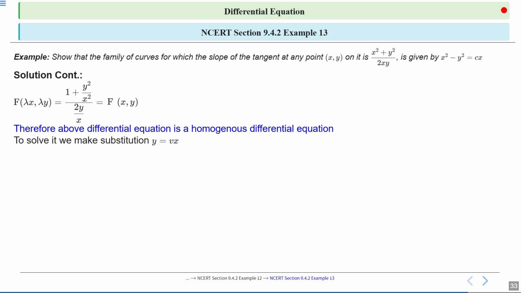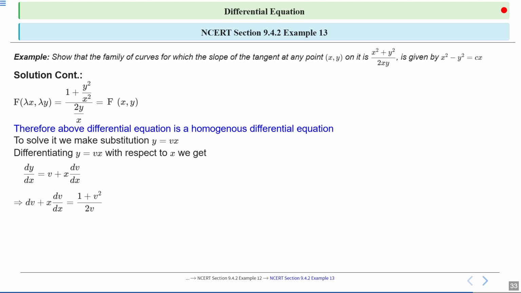To solve it, we make the substitution y is equal to vx. So differentiating y is equal to vx with respect to x, we get dy by dx is equal to, applying the product rule, v plus x dv by dx. Now, substitute the value of dy by dx and y is equal to vx in the given differential equation.